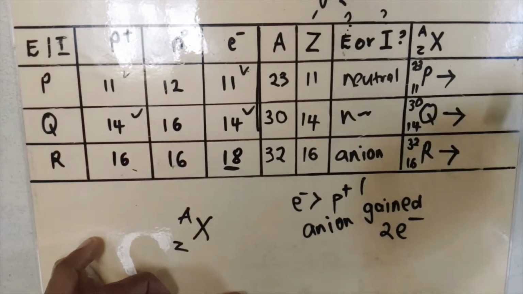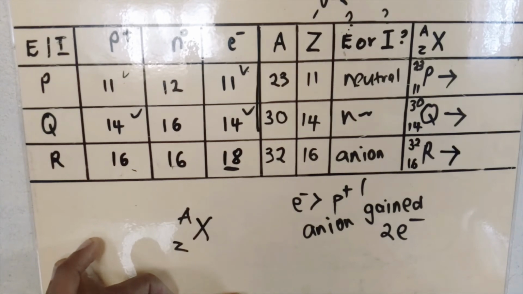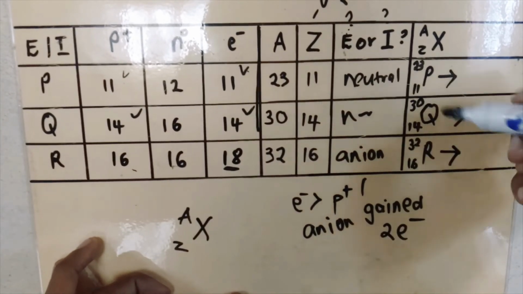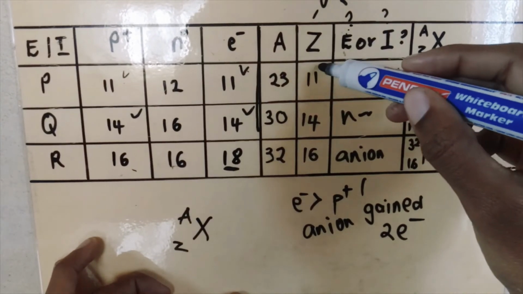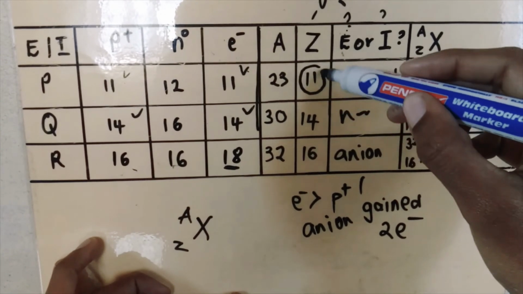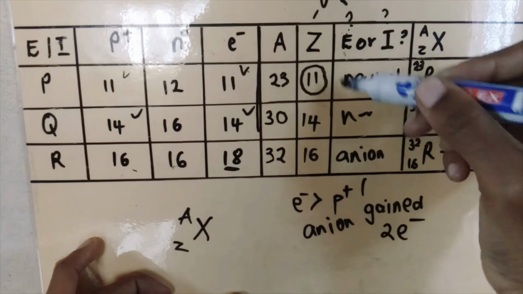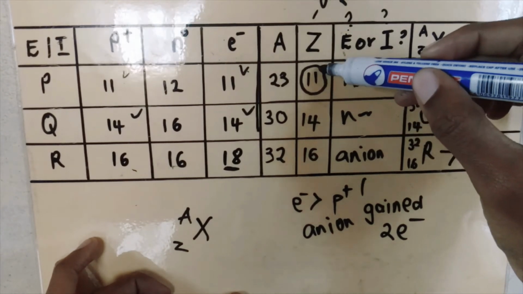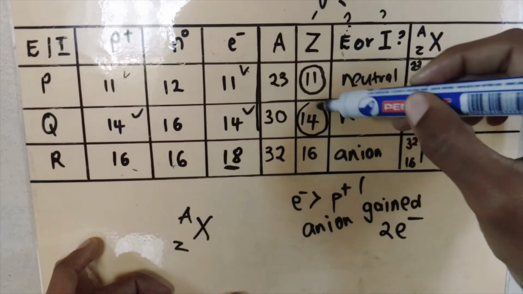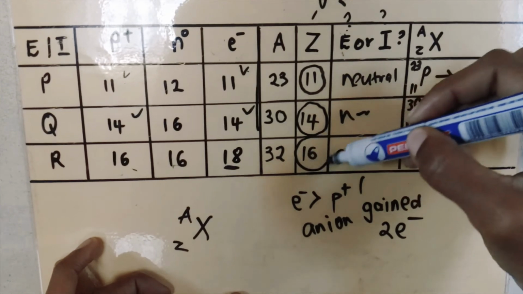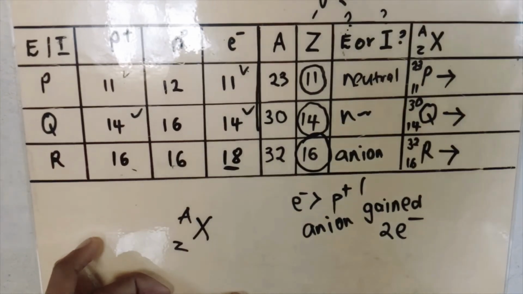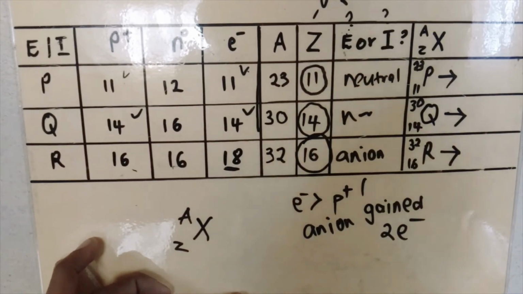So now how do we identify which elements these are? We will have to use the atomic number. We go to our periodic table and look for an element with an atomic number of 11, 14, and 16. Then we'll be able to identify which elements these are.